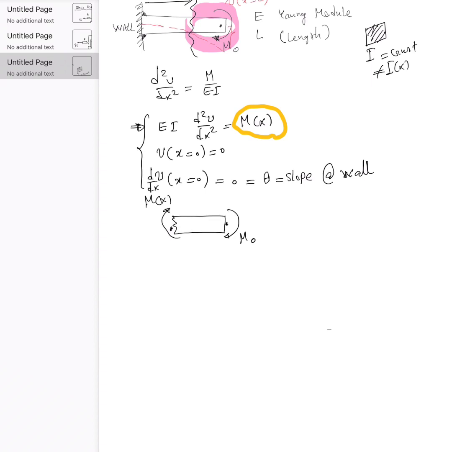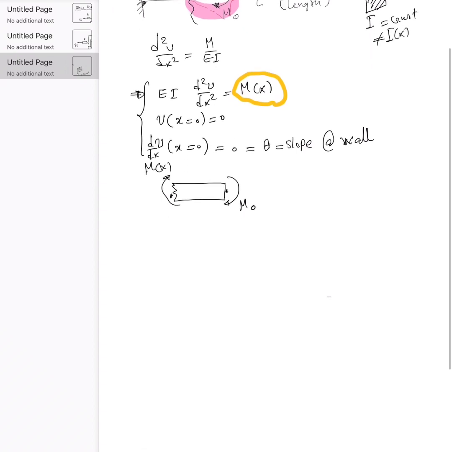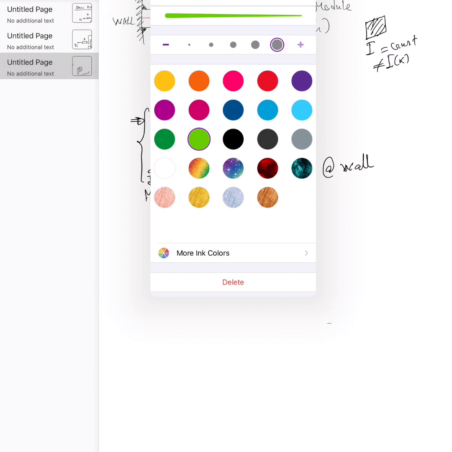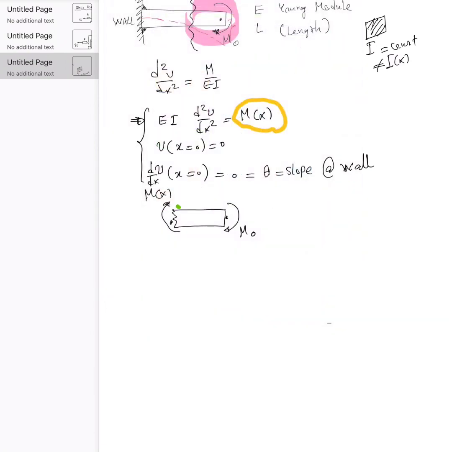Look, this problem, everything is parametric. So we don't set M0 or L, we want to find the formula. And that's all, except we need to make a notation: from here to here is equal to, this is the important part, L minus x.